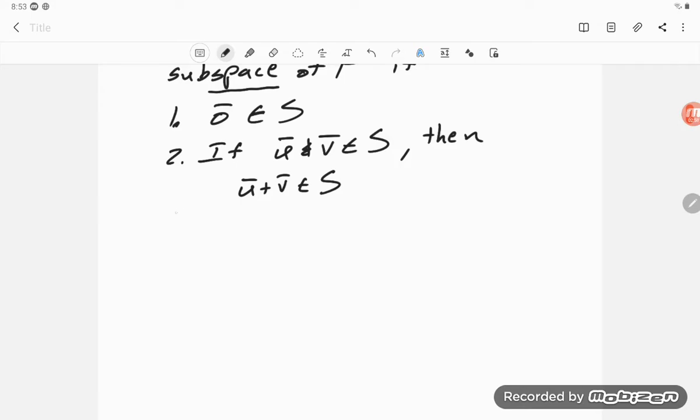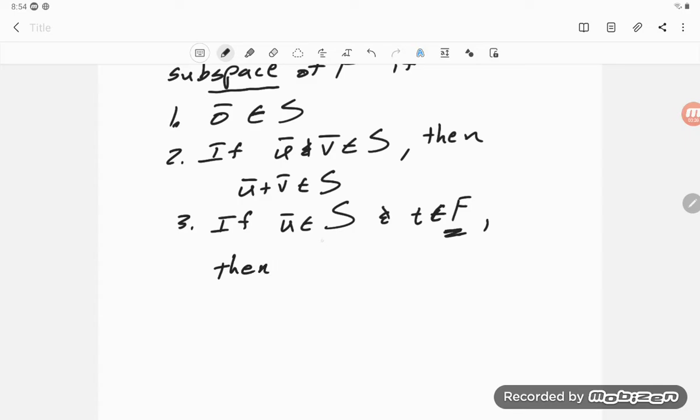And then finally, if U is an element of S and T is an element of F. Now again, for us, this is almost always just the real numbers. They're saying some field, but it's just the real numbers for us most of the time.